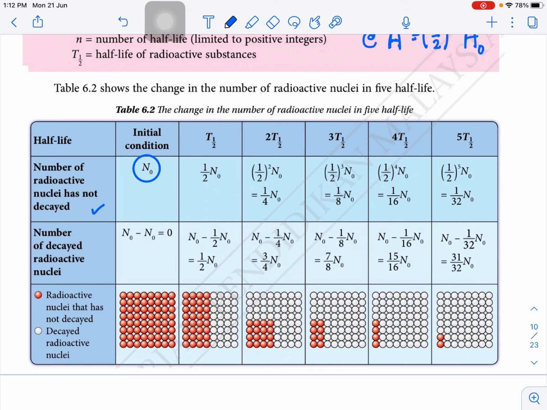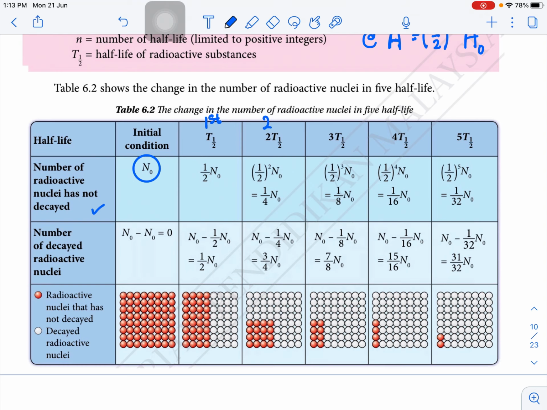For the first half-life, the number of undecayed radioactive nuclei will become half of its initial value, and the number of decayed radioactive nuclei will also be half, because N0 minus half that has not decayed is half of the initial number.